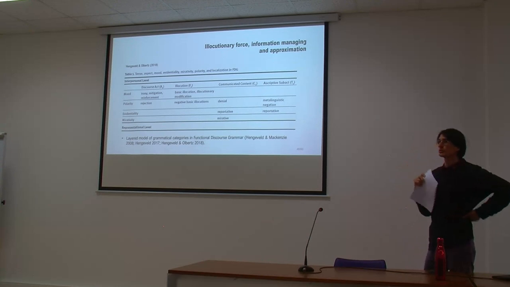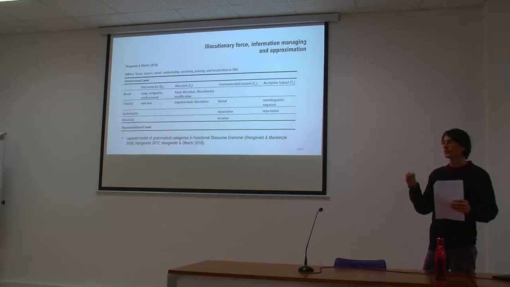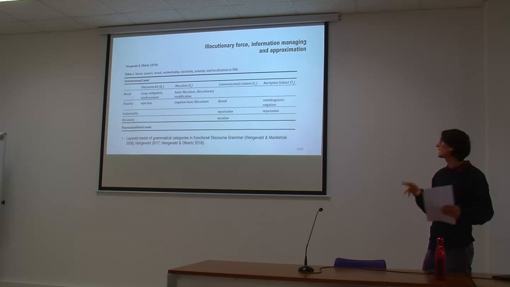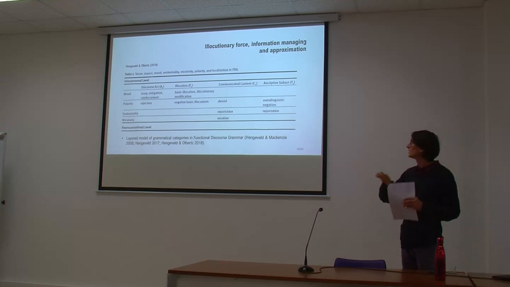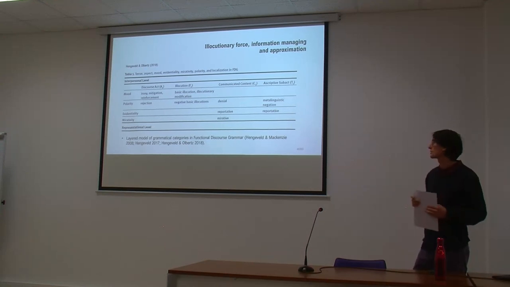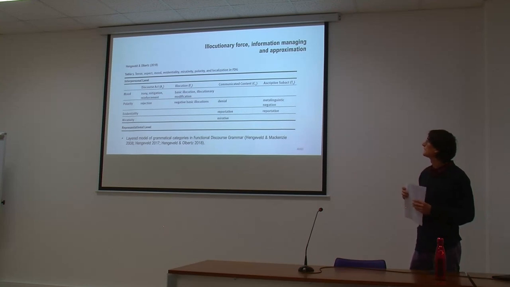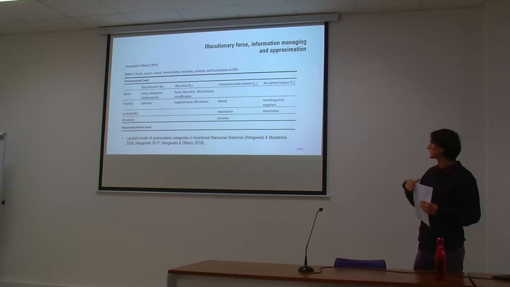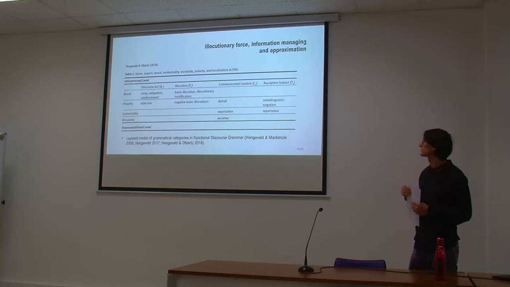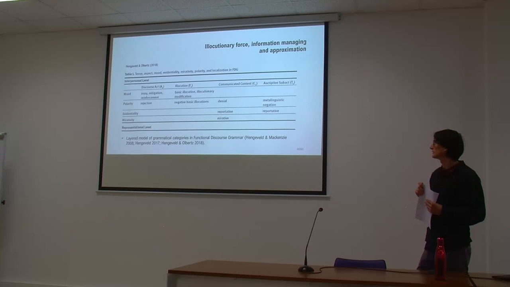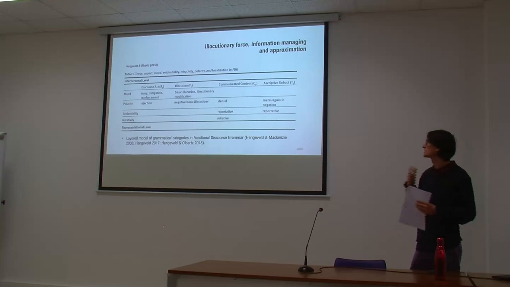What we can try to do now is to put the functions that we identified for the examples today in a model of grammatical categories. This is a possibility, like the layered model of grammatical categories developed in functional discourse grammar, which is something that I sometimes use.